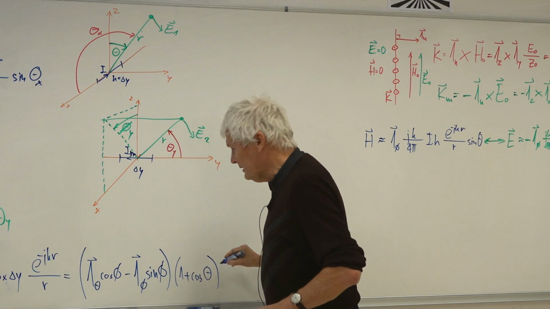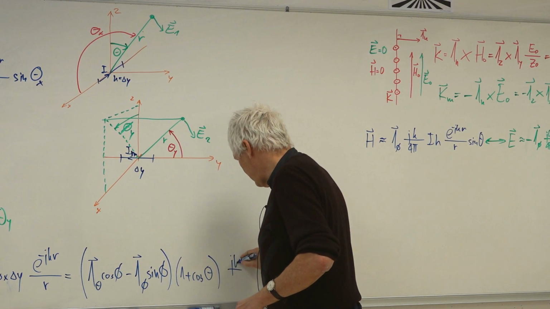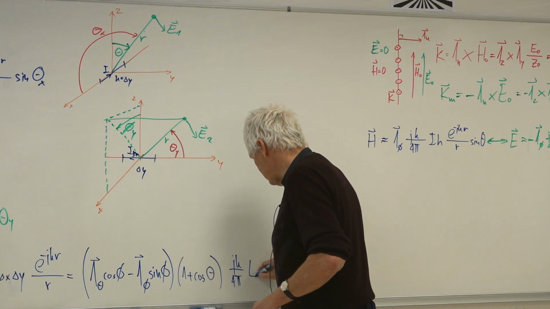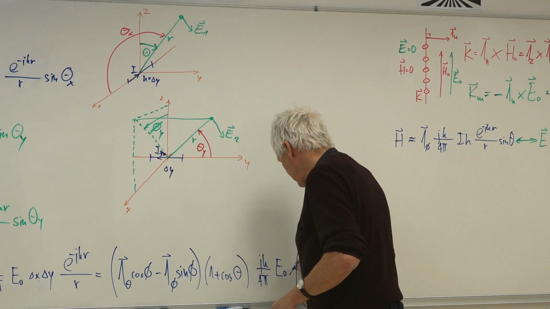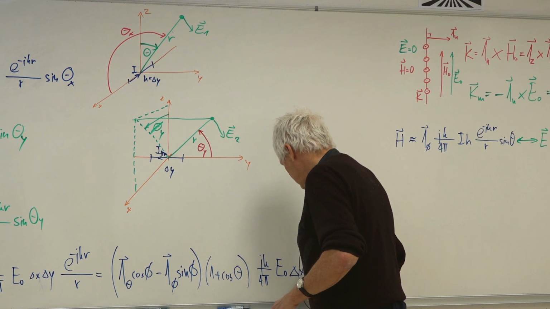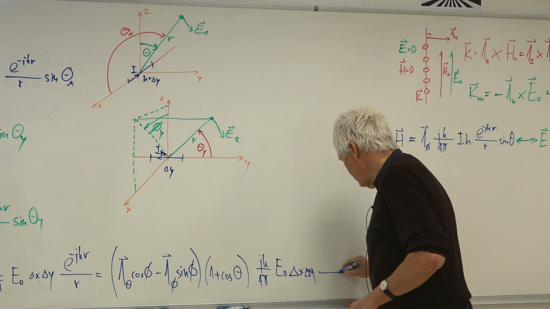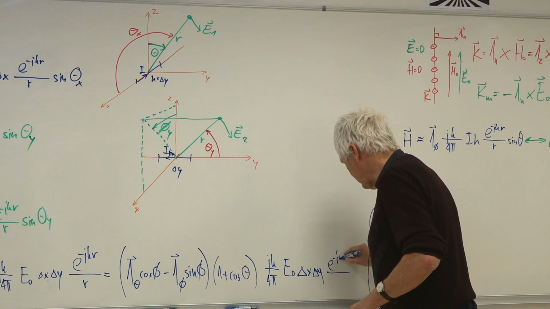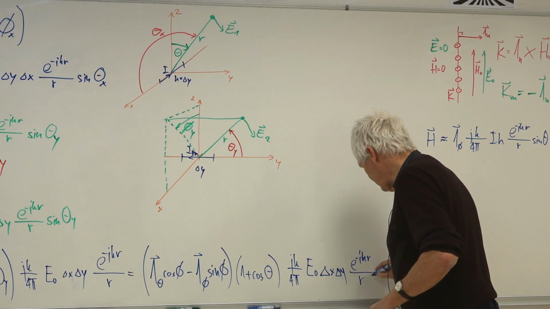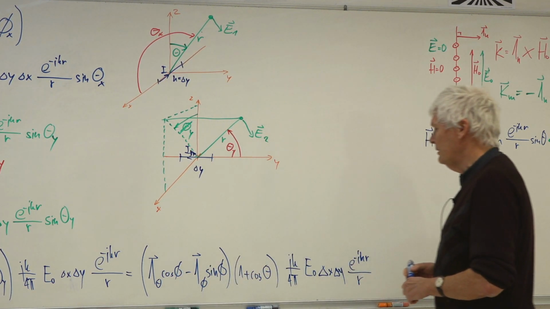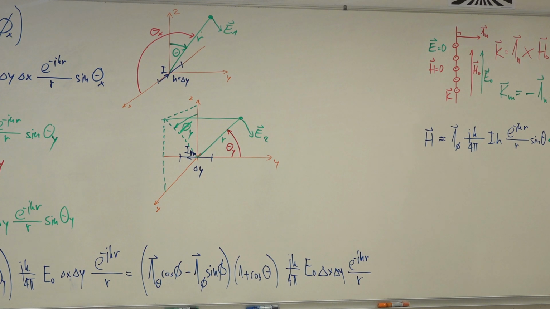And then we have everything else that's left: jk over 4 pi, E0, delta x delta epsilon, e to the minus jkr over r. And all the directional components, so theta and phi, we have them in front.